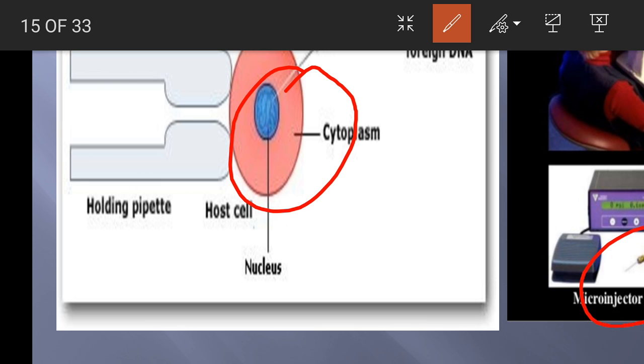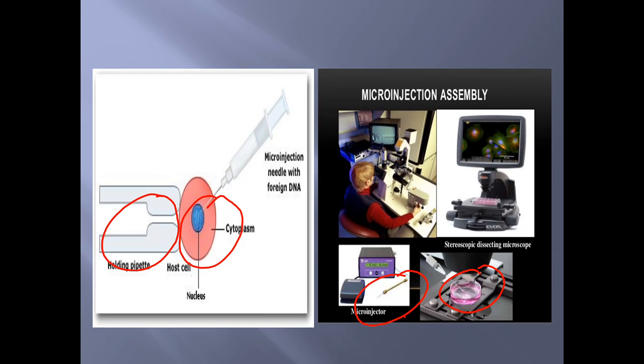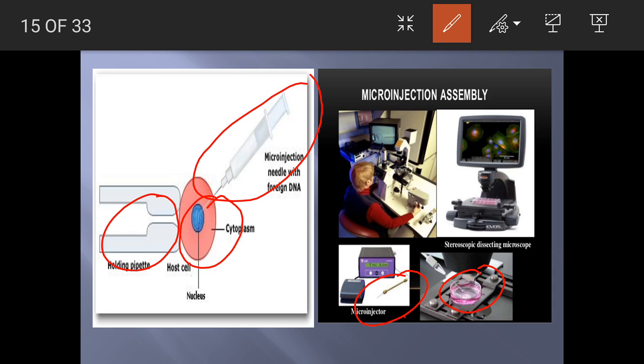With the help of the holding pipette, the protoplast is held and inserted in the low melting agar medium, and later the DNA is directly injected, so this is the microinjection with a syringe. Directly with the help of the pipette, the gene is inserted into the cytoplasm or the nucleus. The injected cells are then cultured in vitro and regenerated into plants.